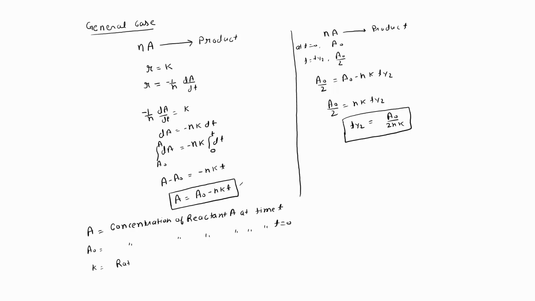K is the rate constant of the reaction. n is the stoichiometry coefficient of reactant A, and t is your time of reaction.